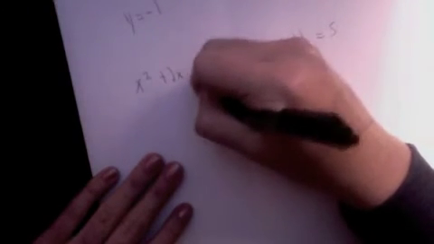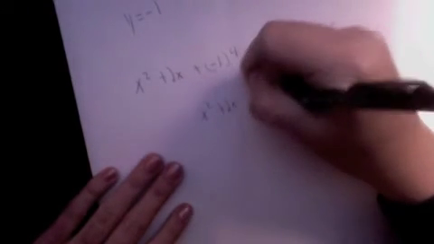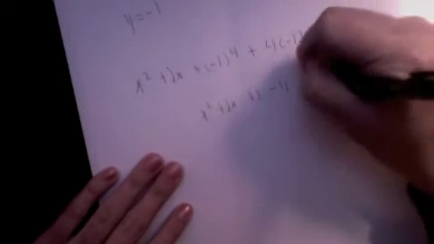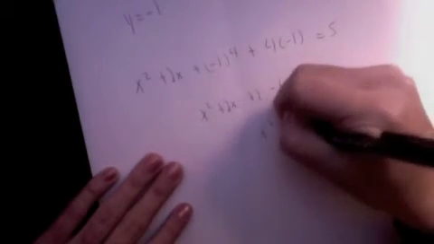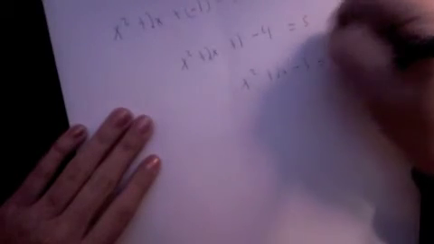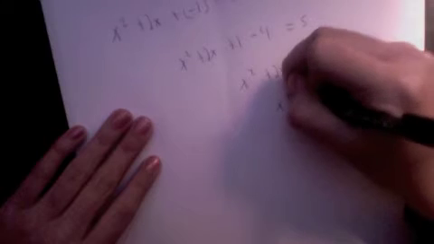So we get x squared plus 2x plus 1 minus 4 equals 5. So we get x squared plus 2x minus 3 equals 5. Let's bring that 5 over, so it becomes x squared plus 2x minus 8 equals 0.